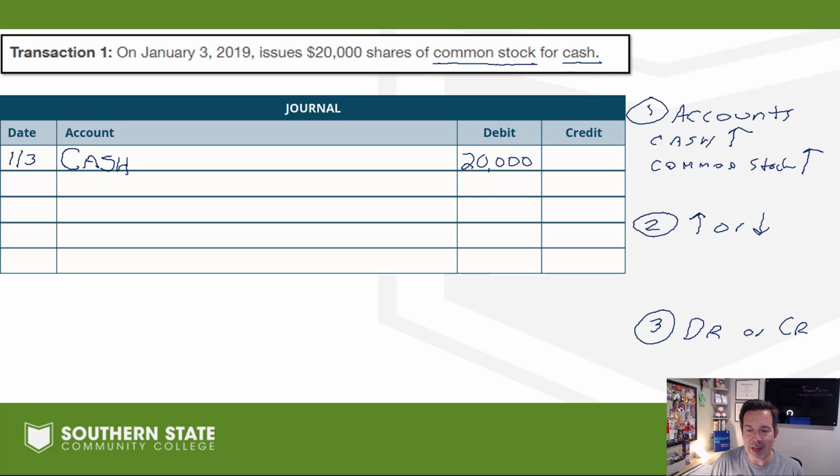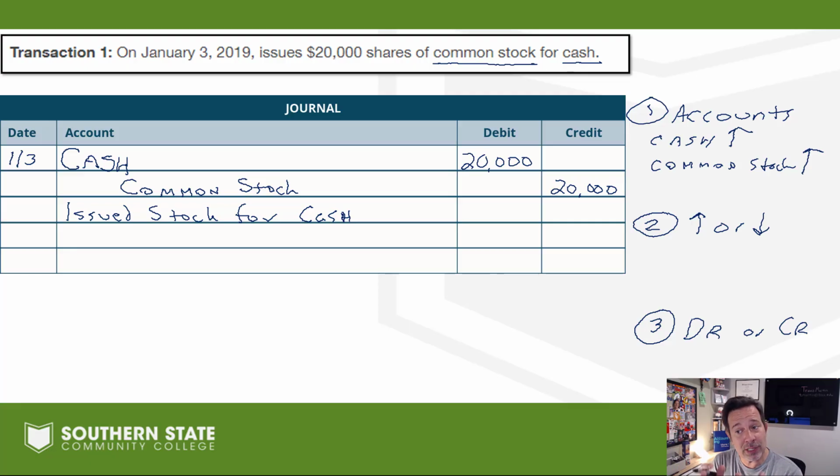Then our common stock is going to be our credit. Common stock needs to go up. And if we want to put a little description here at the bottom, issued stock. That description tells people what's going on in the transaction.